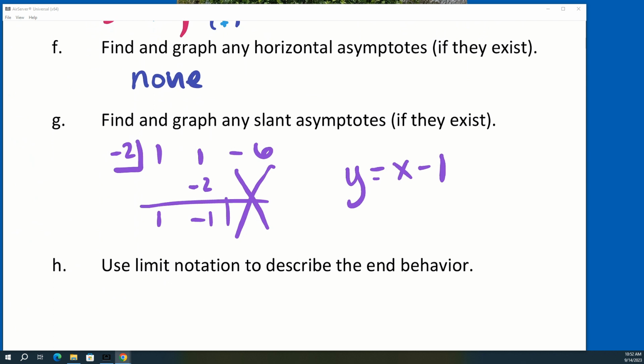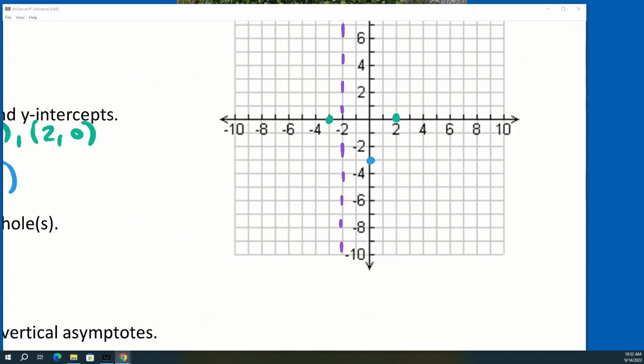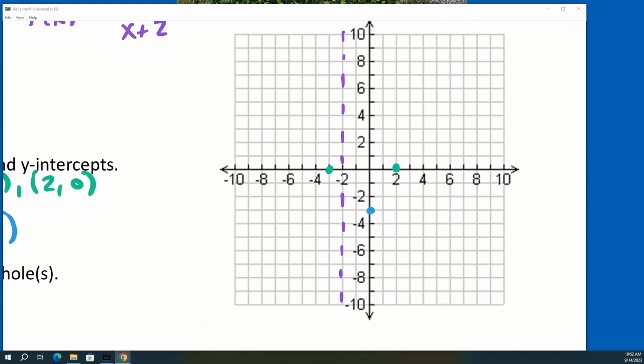All right, so we're going to graph this line that has a y-intercept of -1 and a slope of 1. So I'm going to go up one, right one, up one, right one, and I'm just going to make a dashed slanted line out of that slope. Okay, and then I'll also go down one, right one. I'm sorry, down one, left one.